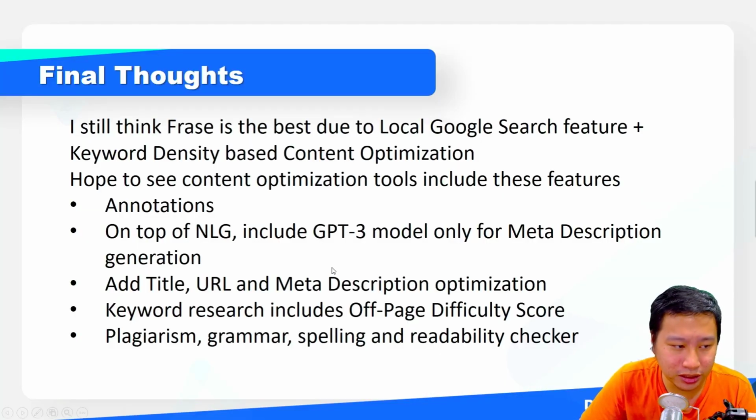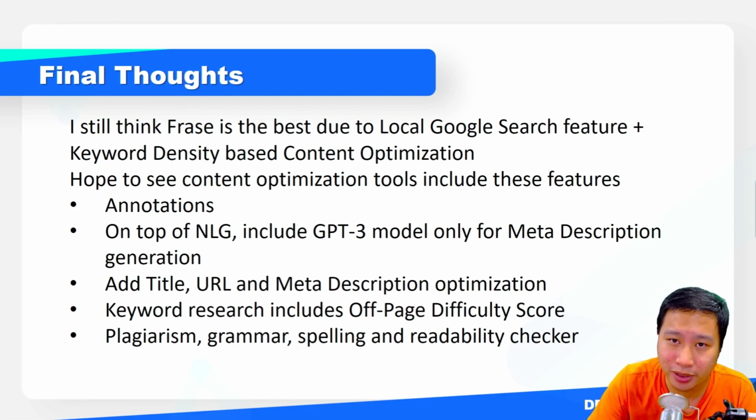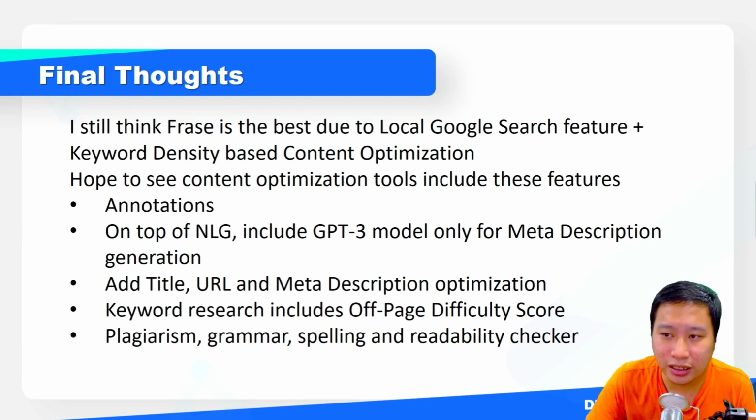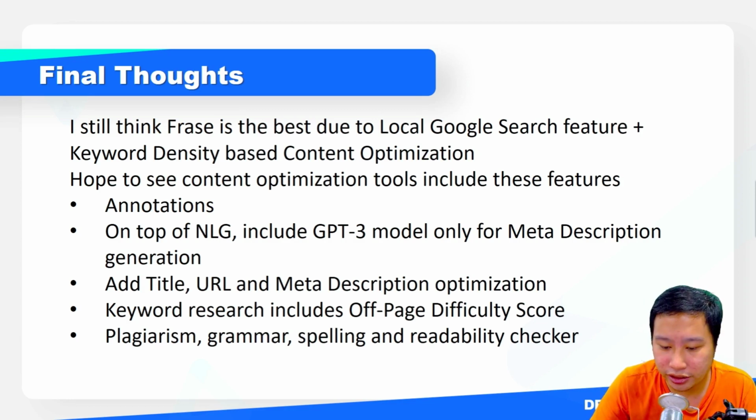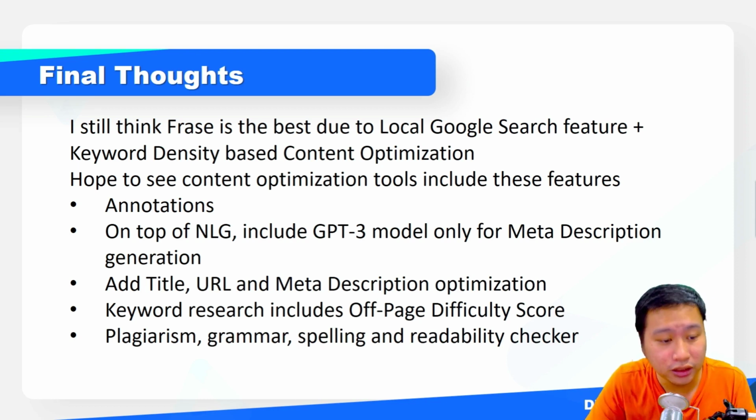So that's something I see in Phrase that's actually not available in WriterZen or Outranking, because they just optimize content based on the content itself and not your entire website, because you don't want to be writing two pieces of content that are similar and actually competing against each other in the Google search results, right? So this is something that I feel is lacking with Outranking and WriterZen, okay?